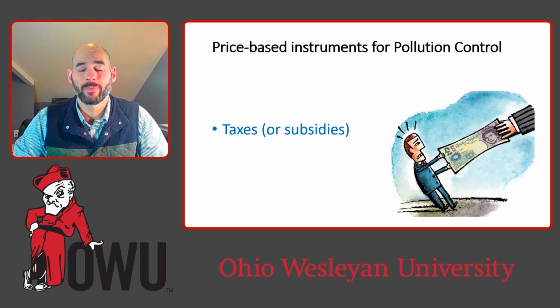So the easiest example to think of when it comes to price-based instruments for pollution control is just that of the Pigouvian tax or subsidy, which we discussed last week.